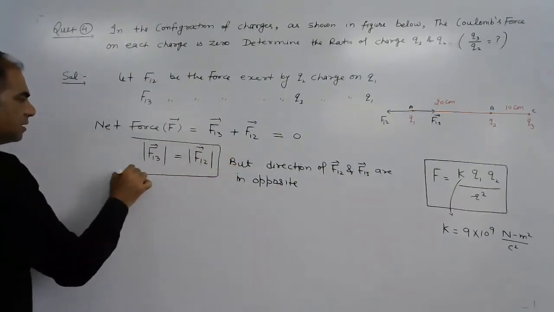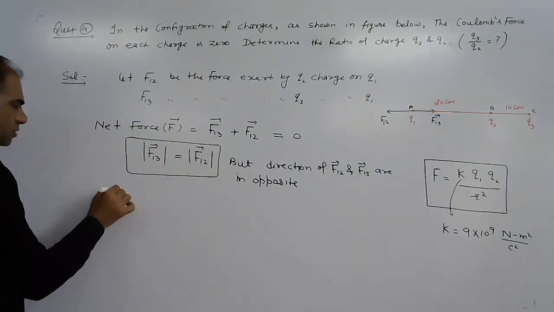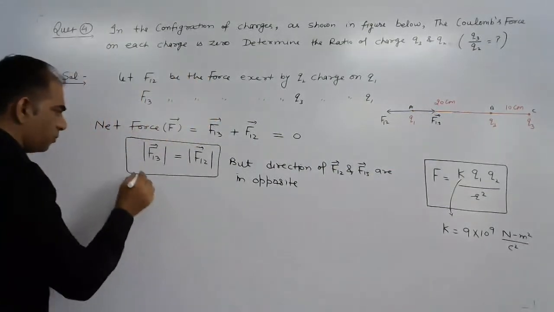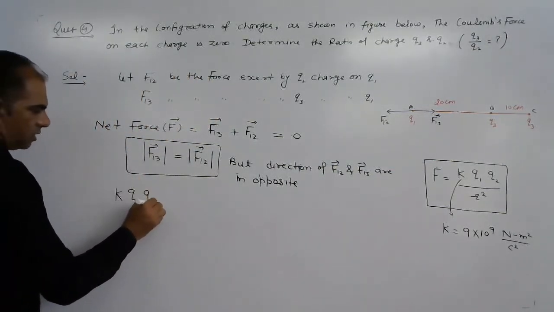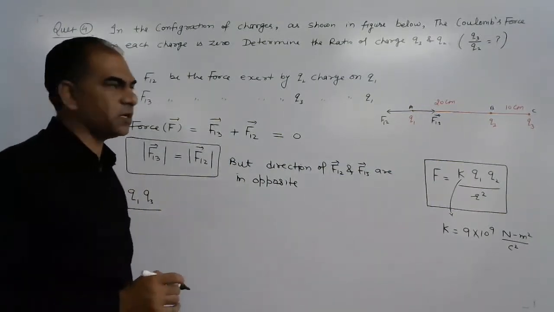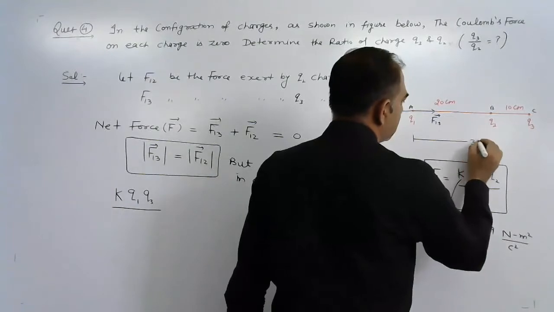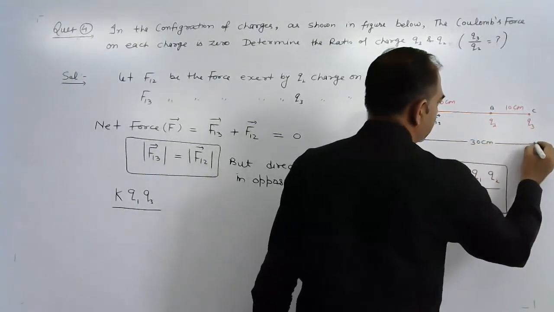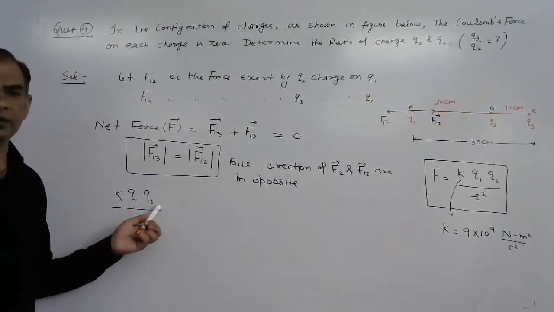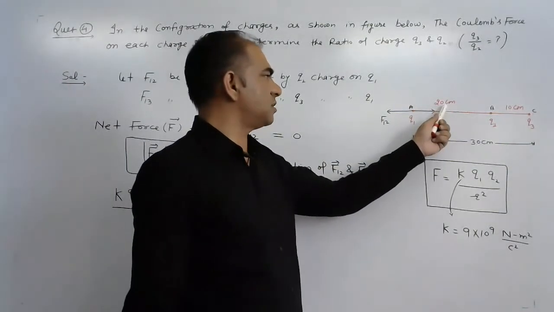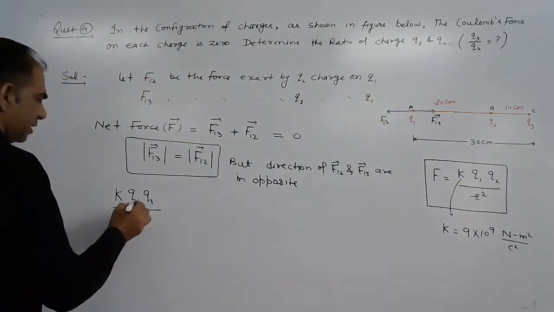This is the important condition we apply here. So F13 is the force. By using this formula we put K Q1 Q3 upon the distance between the first and third charge, which is 30 centimeter. This is 20, this is 10, 20 plus 10, 30 centimeter.